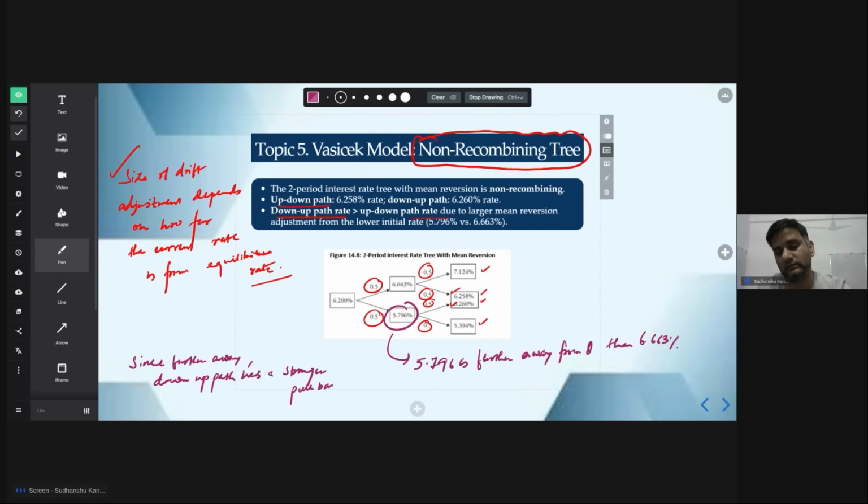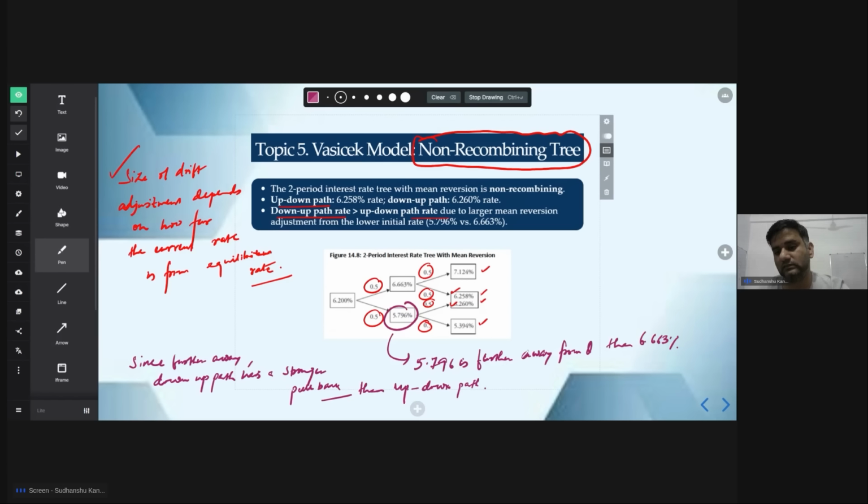Stronger pullback means stronger mean reversion than your up-down path. Because we discussed initially that the Vasicek model has mean reversion, it acts like a spring. For the down-up path, you see, the spring acts much more forcefully.